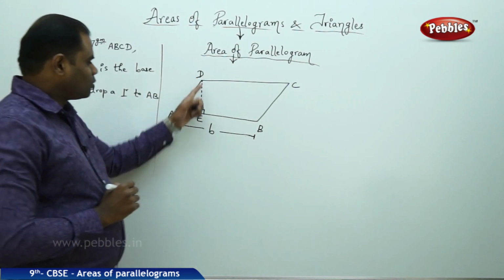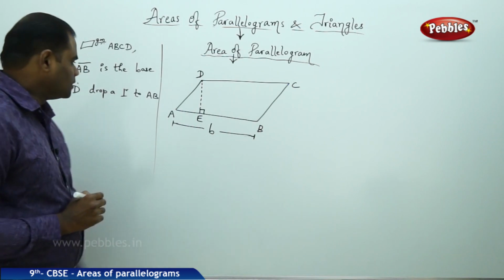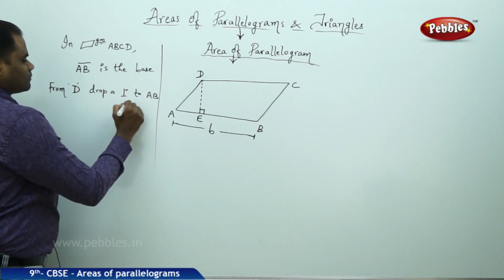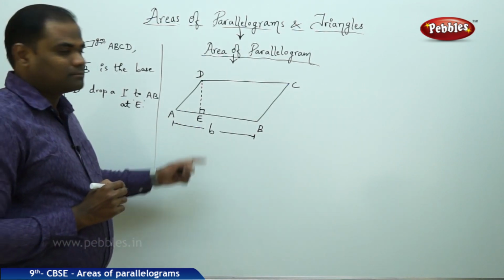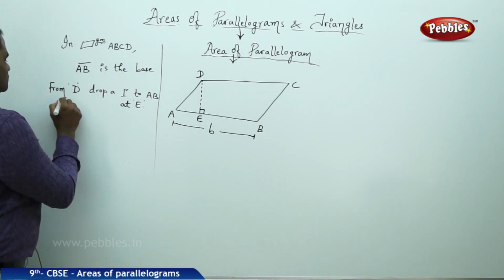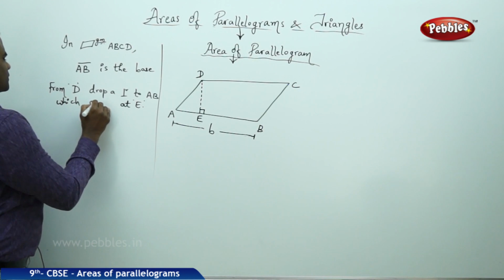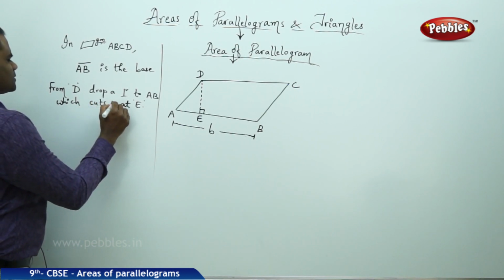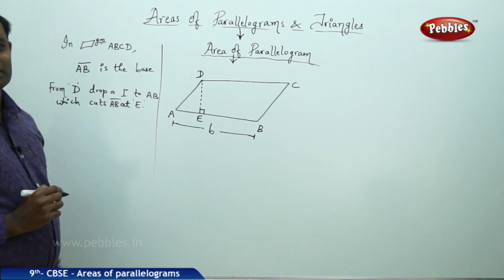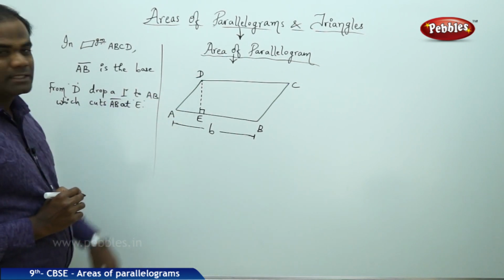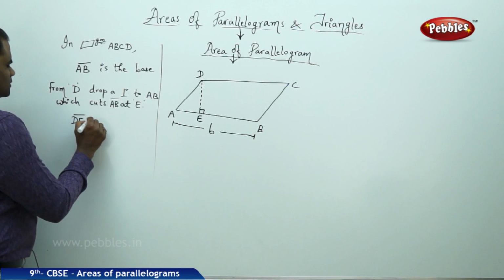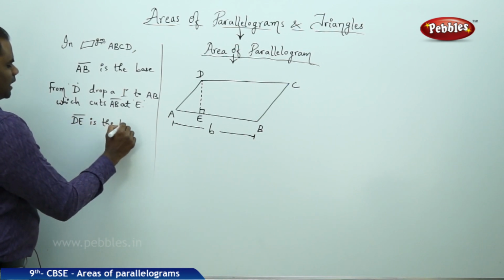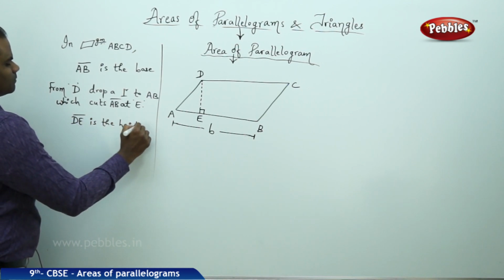If I drop a perpendicular from D to AB, it cuts AB at the point E. Clearly DE is the perpendicular, that is, DE is the height of the parallelogram.